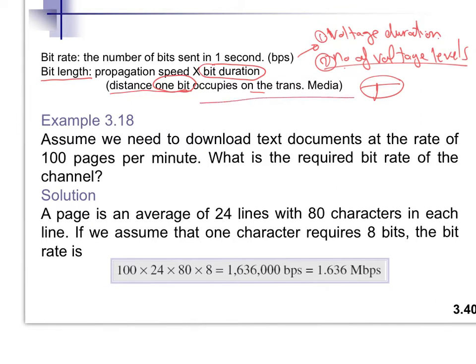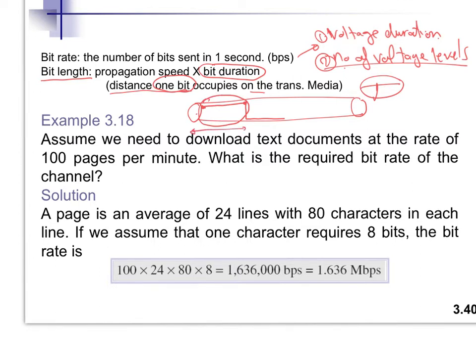So in other words, if we have a transmission line that transfers a digital signal, for example 1 voltage level like this, and then it changes to another voltage level, this is what we refer to as the bit duration.